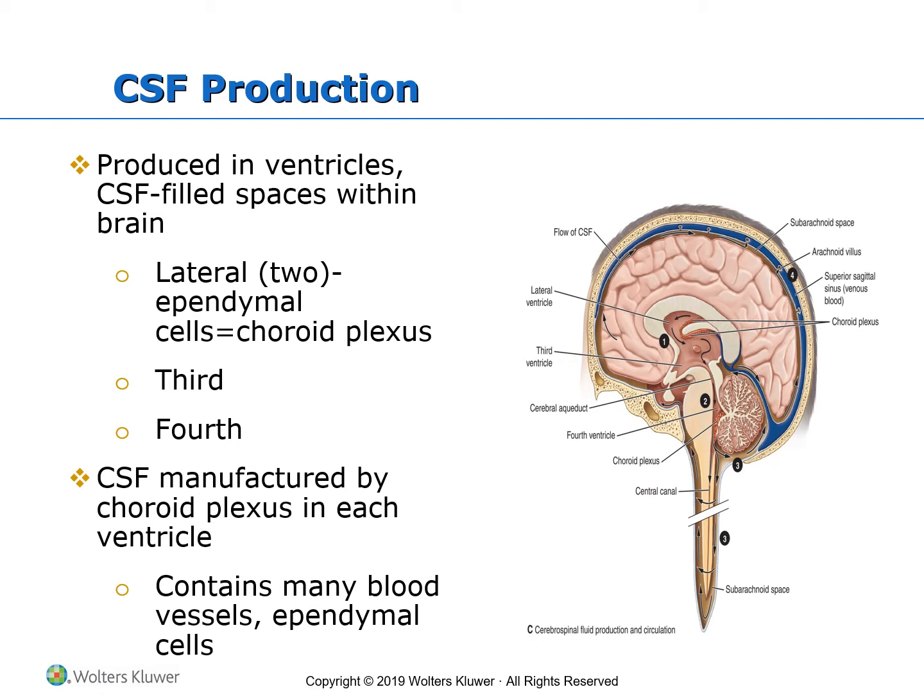From this third ventricle, the CSF will pass through a very small canal in another structure that is called the midbrain. And that passage is marked with number 2 in this image that you can see on your slide. That small, very tight passage is called the cerebral aqueduct.